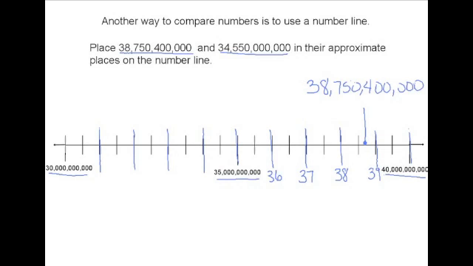So I know that this is 34 billion, 33, 32, 31 billion, and that 550 million is between 34 and 35 billion. And it's almost right in the middle. It's about right here. So I'm going to also rewrite this number so it is marked clearly on my number line.